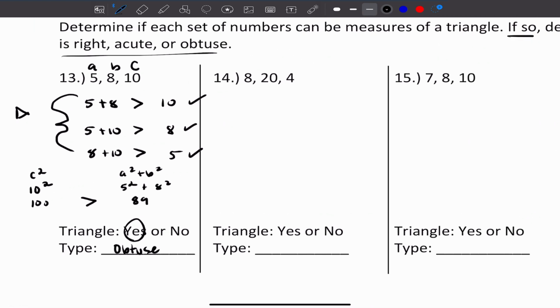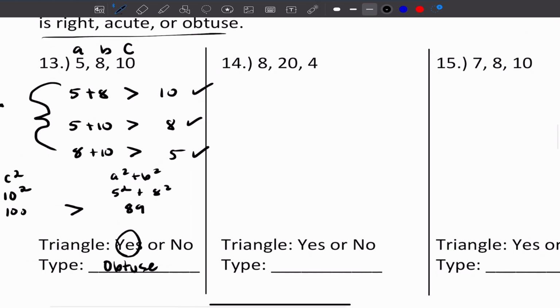Okay, number 14. Well, this is fantastic. I said that C would be the third position, but this one's not, so I guess the review fooled you and fooled me. So 14, we have 8, 20, and 4. We're going to write 4, 20, 8.